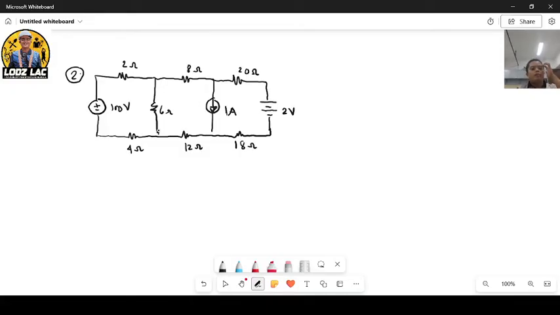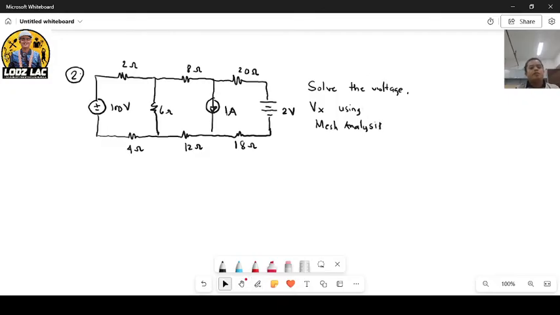So for this problem, solve the voltage Vx using, of course, mesh analysis.